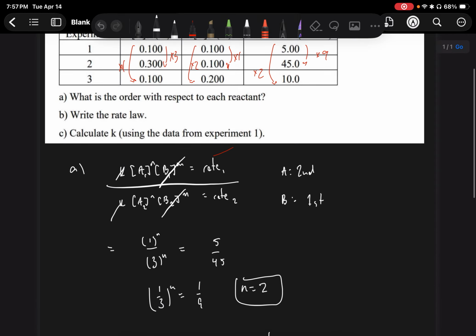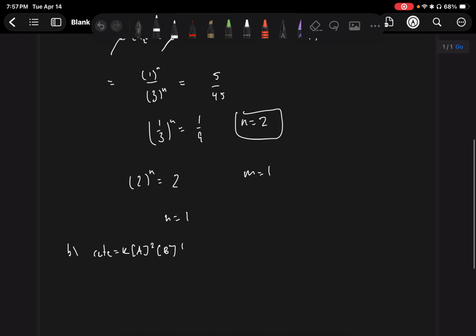Now question C. Calculate K using the data from experiment 1.